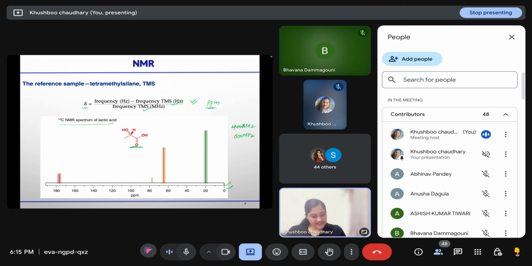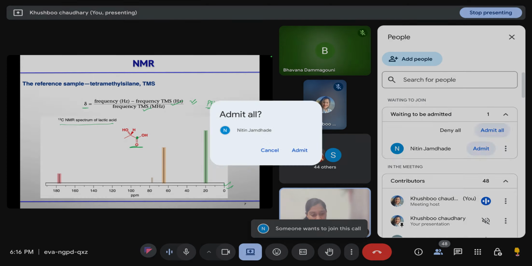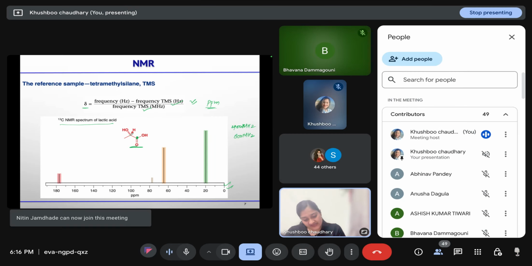In the spectra we already studied, the carboxylic acid carbon is attached to two oxygens and is the most downfield. Then this carbon is attached to one oxygen, so it is comparatively upfield. And the CH3 is most upfield because it is not attached to any electronegative atom.